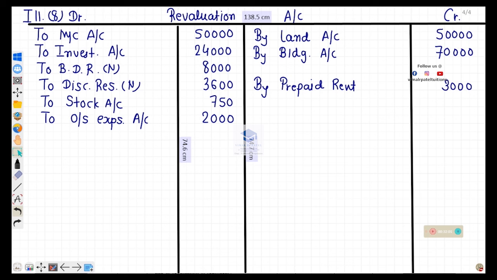Here also, I think the total of the credit side will be higher.